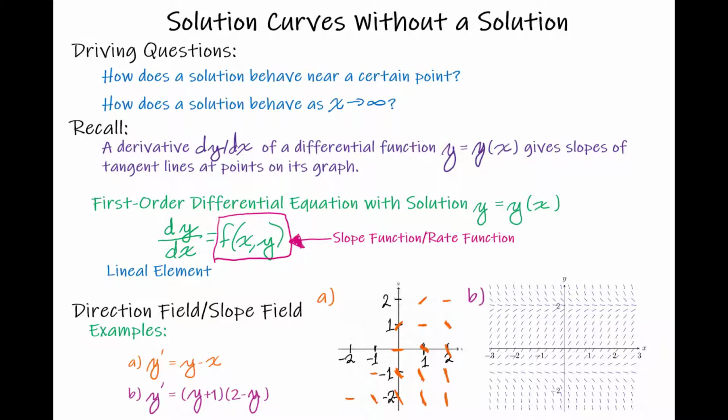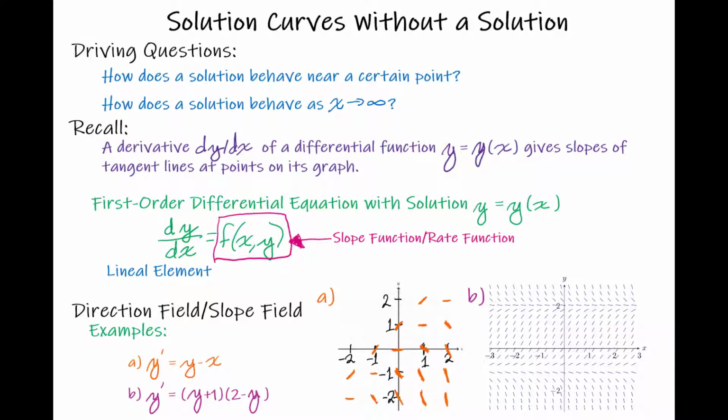So I sketch that in. Whenever y is 1 greater than x, I'm going to get a slope of +1. So it happens at x is -1 and y is 0. It also happens when x is -2 and y is -1.